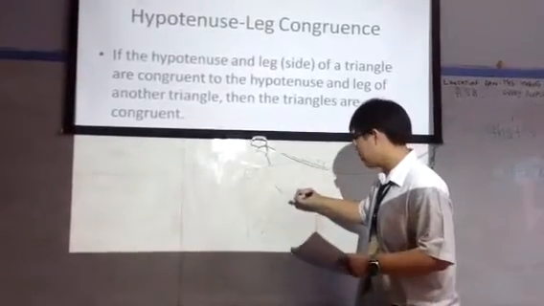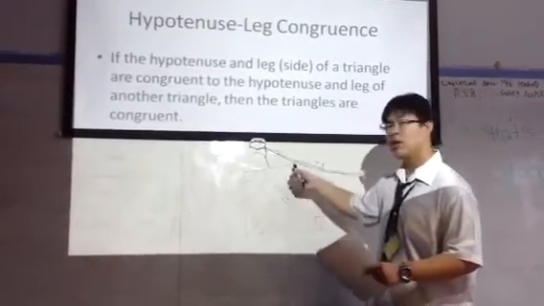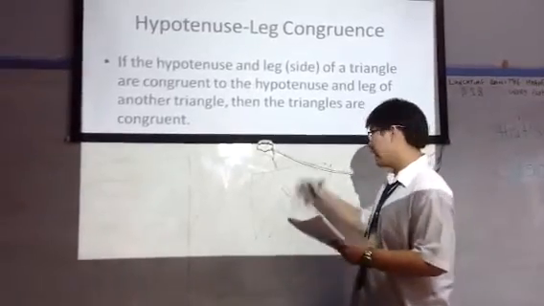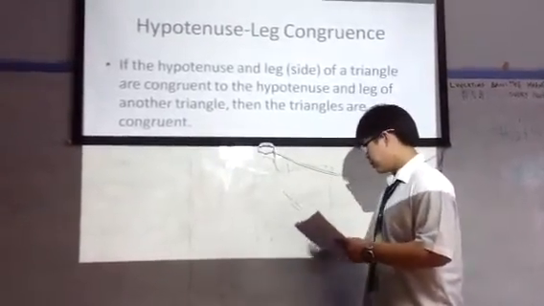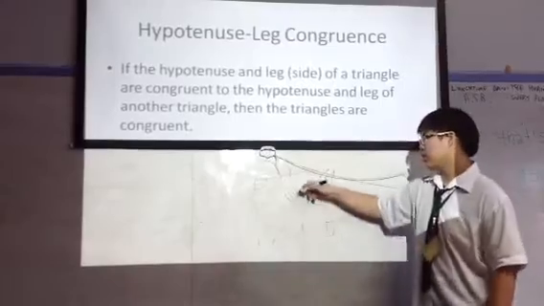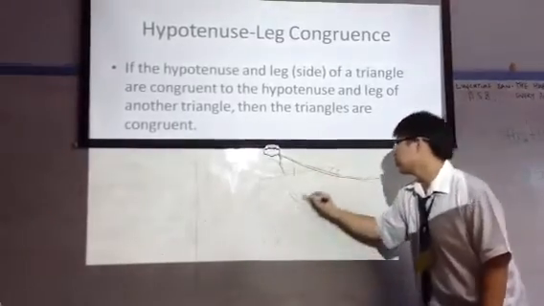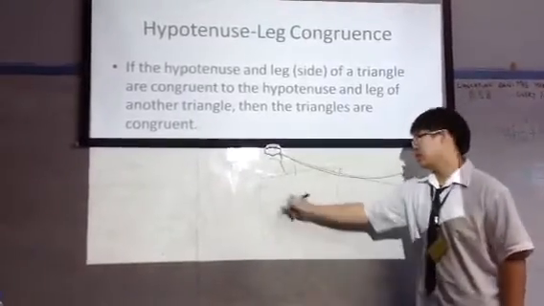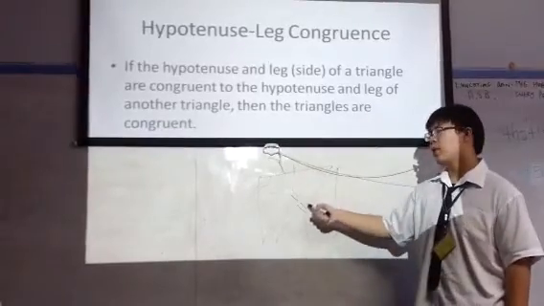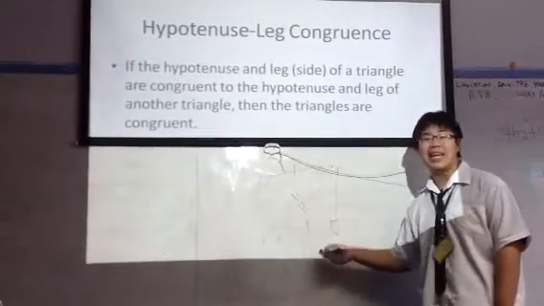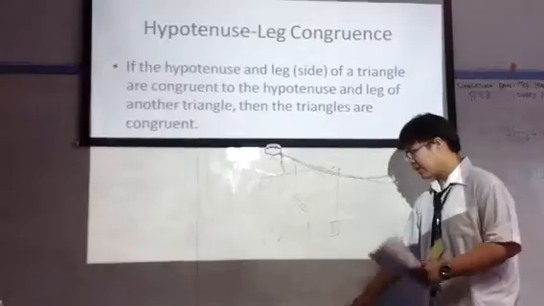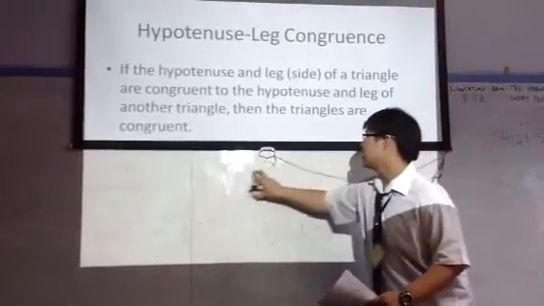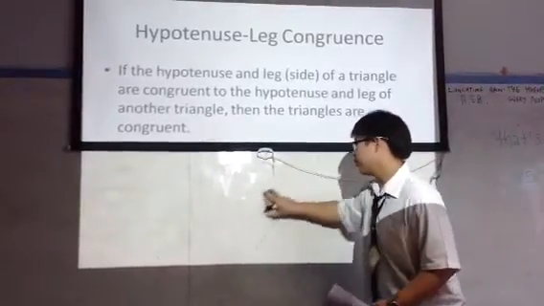So if these hypotenuses are congruent, as well as a leg, one of these, then these will be congruent. These are two different triangles, but these are right angles. Their hypotenuses are congruent, and also one leg on the side.